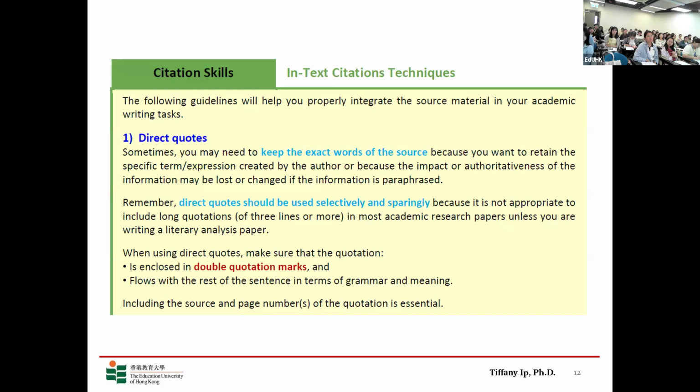That means you're using a direct quote. It's not for emphasis. So if you want to emphasize a term or a phrase, use single quotation marks. Don't overlap the use of the two. Also, you need to include the page number, where you found it. So two extra things for a direct quote: double quotation marks and page numbers.